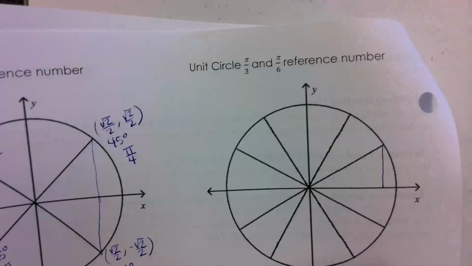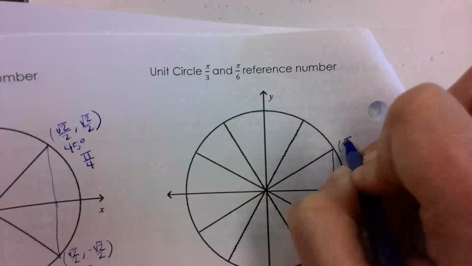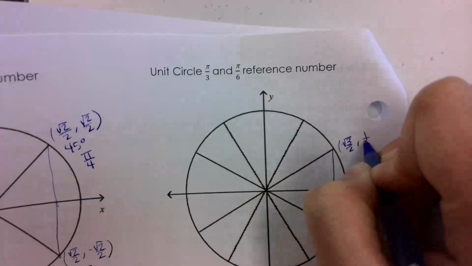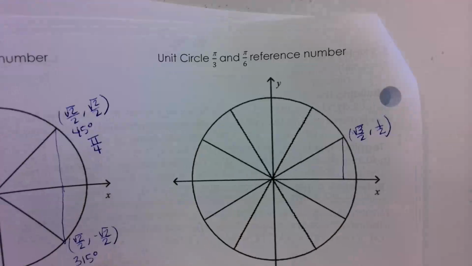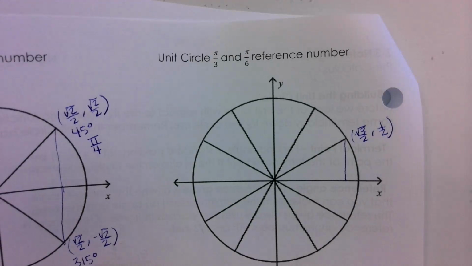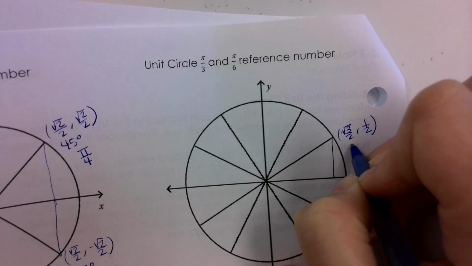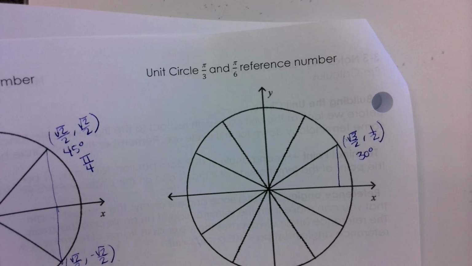So we can see everything: square root 3 over 2, 1/2. And that was at 30 degrees. And what is 30 degrees in radians? Pi over 6.